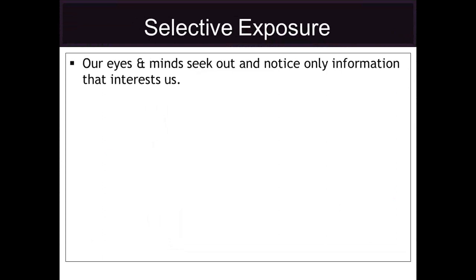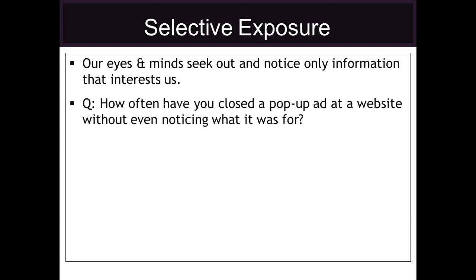So selective exposure is when our eyes and minds seek out and notice only information that interests us. How often have you closed a pop-up ad at a website without even noticing what it was for? That's an example of selective exposure.